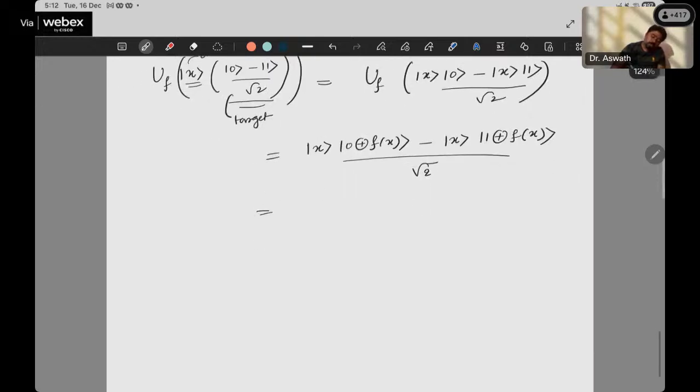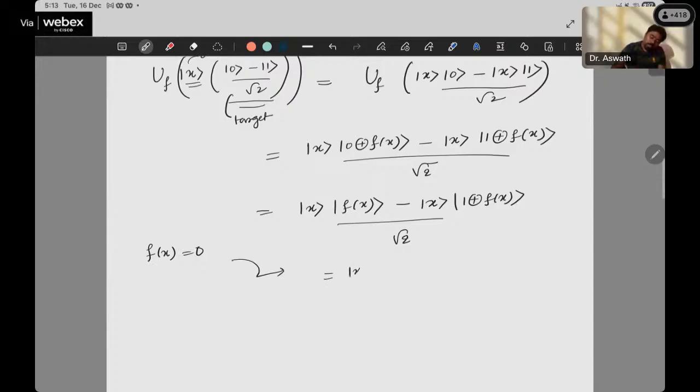For f of x equal to 0, the output would be x cat 0 cat minus x cat 1 plus 0, which is 1, cat divided by square root of 2, which is x cat 0 cat minus 1 cat divided by square root of 2.